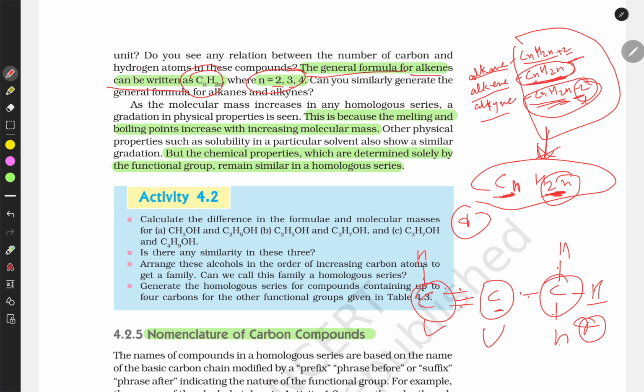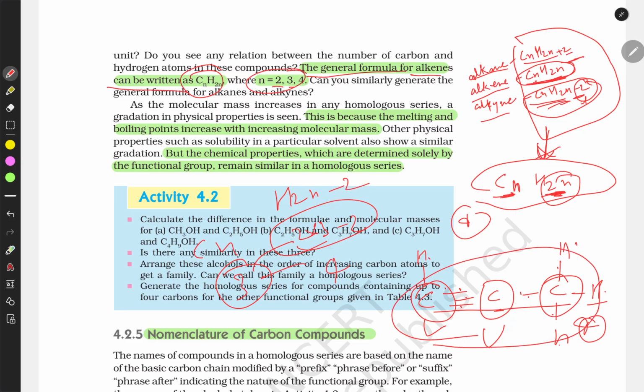Each hydrogen has 1 bond. The number of carbon is 3, and the number of hydrogen is 1 2 3 4, which is 2n minus 2. This is CnH2n-2. This is how the formula works, and this is how the bond forms.